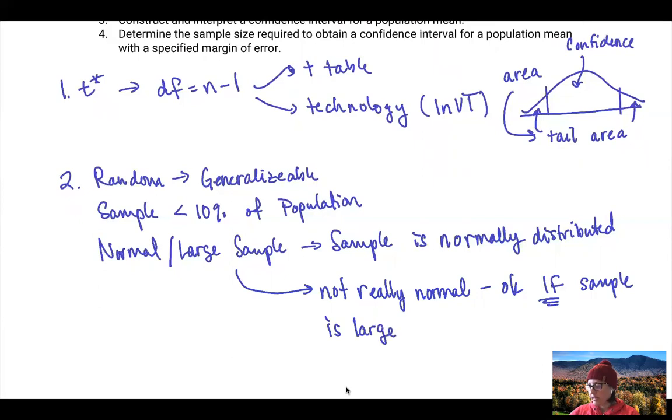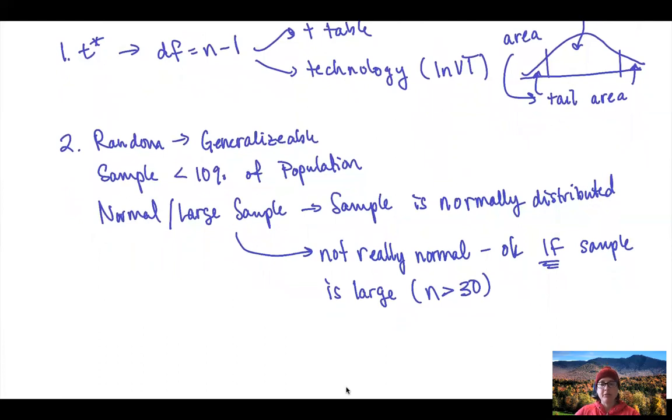And usually in this case, large can be, I think sometimes greater than 30 in some textbooks, but again, this is one of those wishy-washy stats things. When your sample is smaller than that, you want to make sure your sample really looks normally distributed.